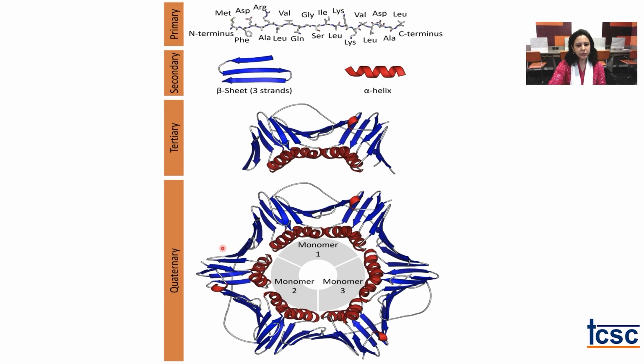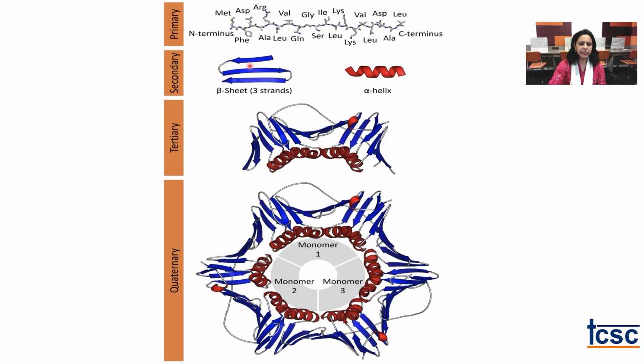This is another diagram which talks about the levels of the protein: primary, secondary, tertiary, and quaternary. We can see that the primary structure is basically a chain of amino acids joined by peptide bonds, starting with methionine and ending with leucine for this particular chain. These will then fold into the two common secondary structures, the alpha helix and the beta sheet.